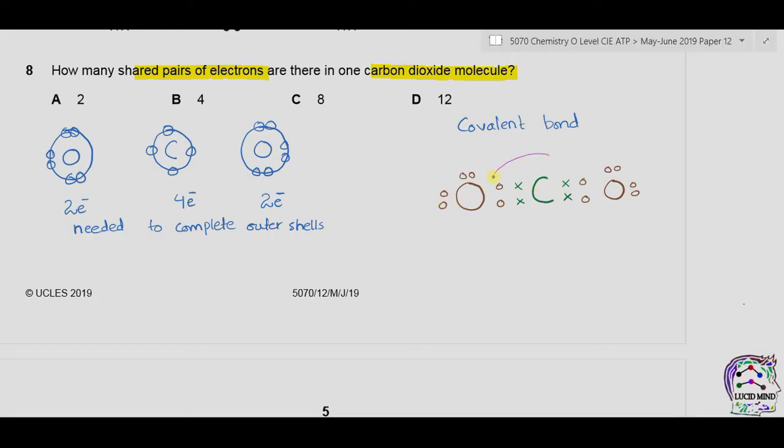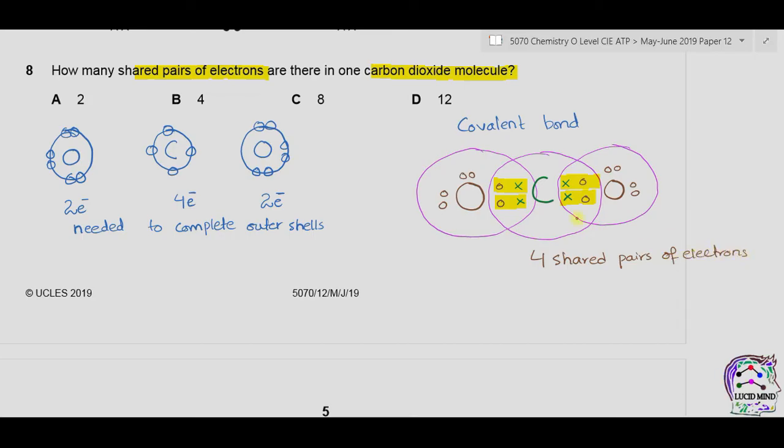Now we can see that carbon has complete 8 electrons in the outermost shell, while one oxygen has complete 8 electrons in the outermost shell, and again second oxygen also has 8 electrons in the outermost shell. As we can see that 2 shared pairs of electrons are present on this side, while 2 shared pairs of electrons are present on this side. So in total we have 4 shared pairs of electrons. The answer is therefore B.